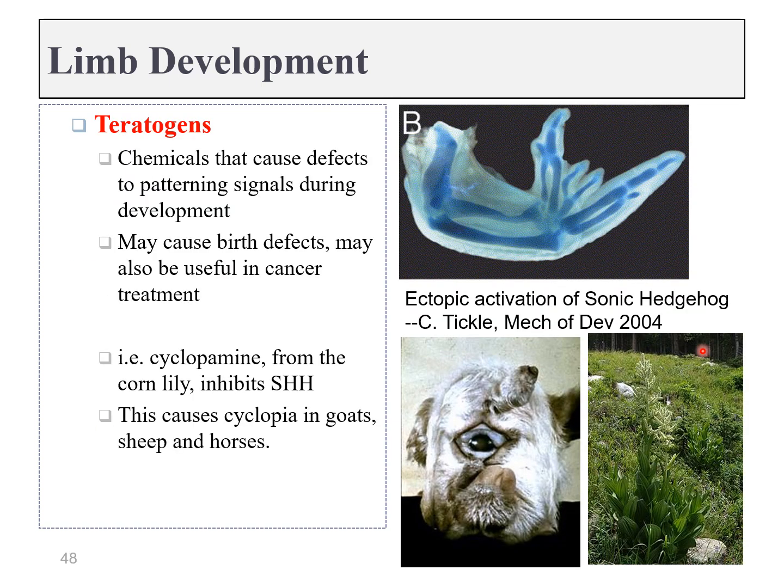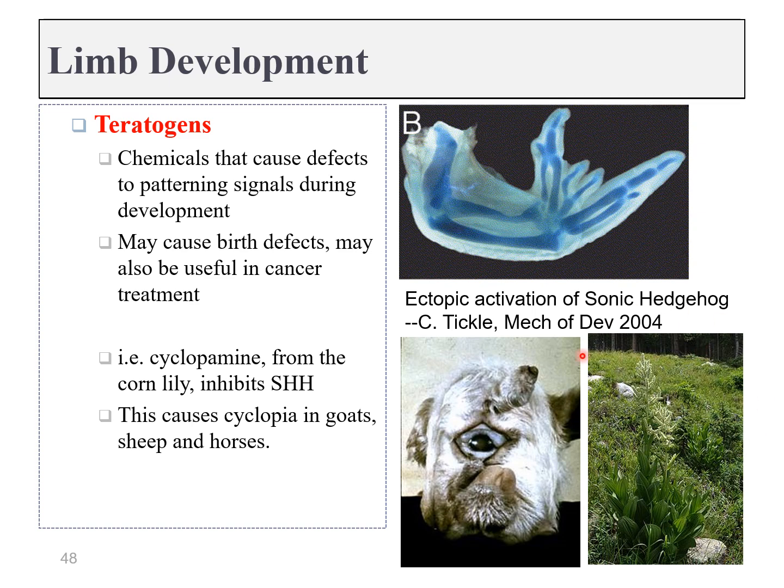Teratogens are chemicals that can inhibit the development of the body in utero, causing birth defects. One example of a teratogen is a molecule known as cyclopamine. This one inhibits the sonic hedgehog molecule that I just talked about.